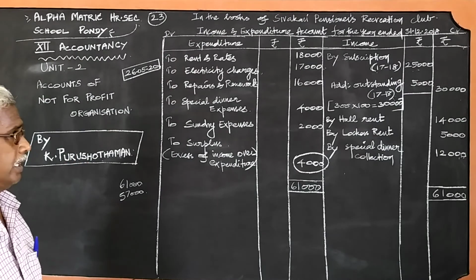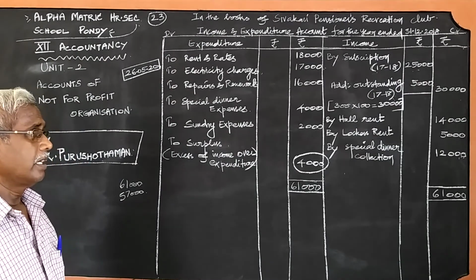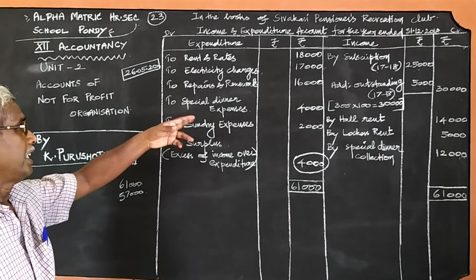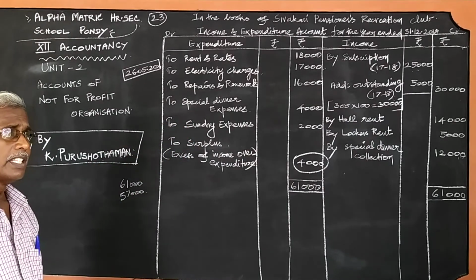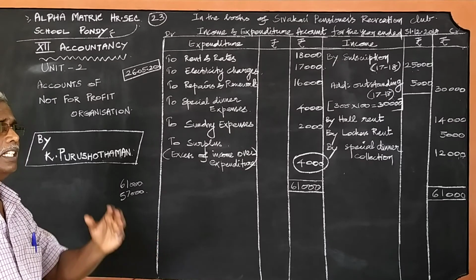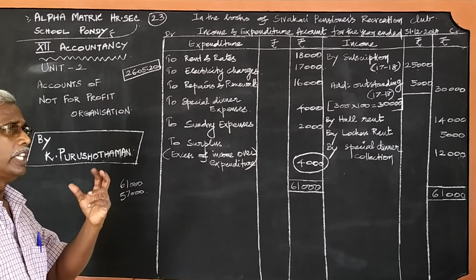Say for example, the surplus in special dinner fund should be made as a reserve for building an auditorium or doing something.